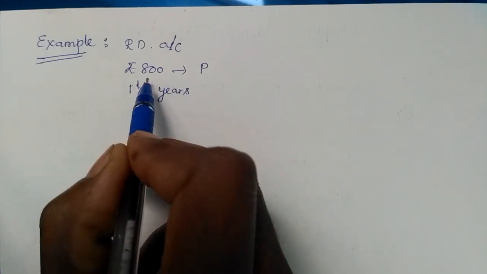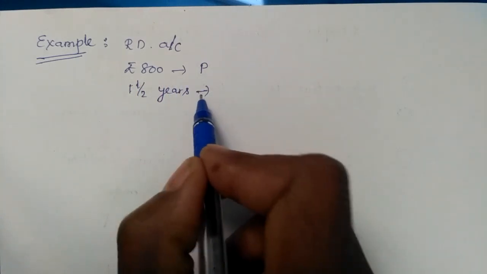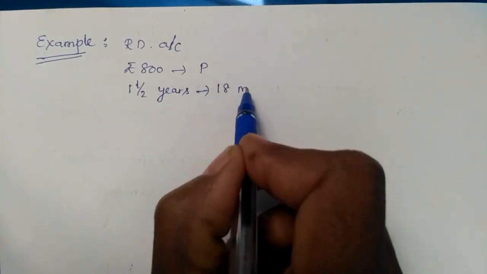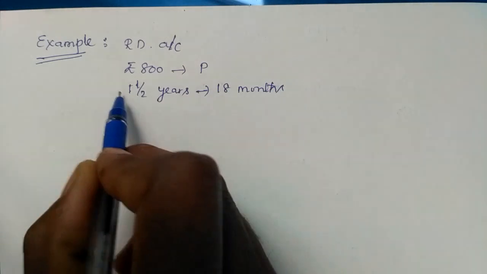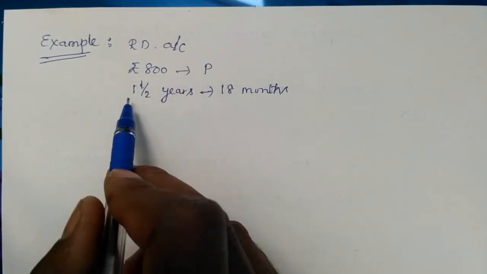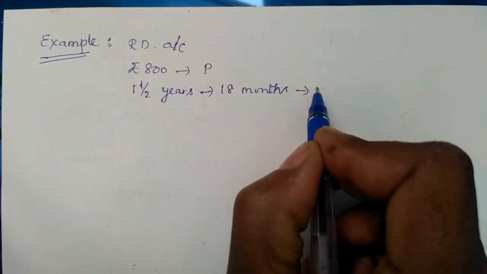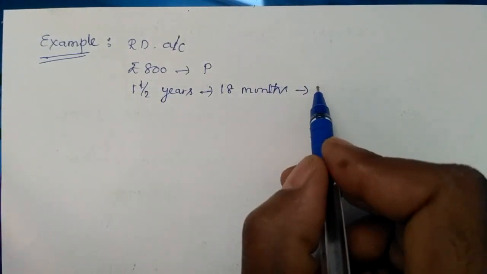He is depositing for 1.5 years, of course, but that is 18 months, right? In 1.5 years, 1 year is 12 months and half a year is 6 months, totally 18 months. So he is depositing the same 800 rupees every month for 18 months.